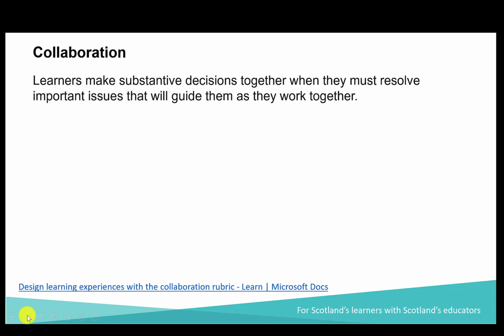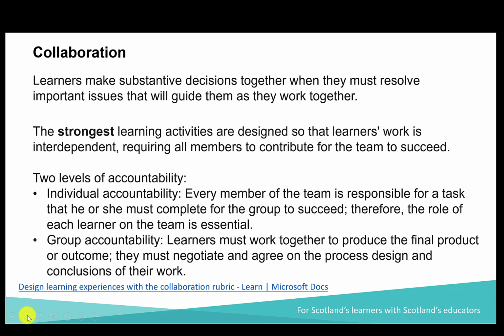Okay, so collaboration. So two things to take away from collaboration. One is about substantive decisions, about everybody working together. So ensuring that there's interdependence essentially. So everybody contributing, because every one of us, I'm sure, has been part of a group where not everyone is fully engaged or maybe pulling their weight or maybe working to their strength.